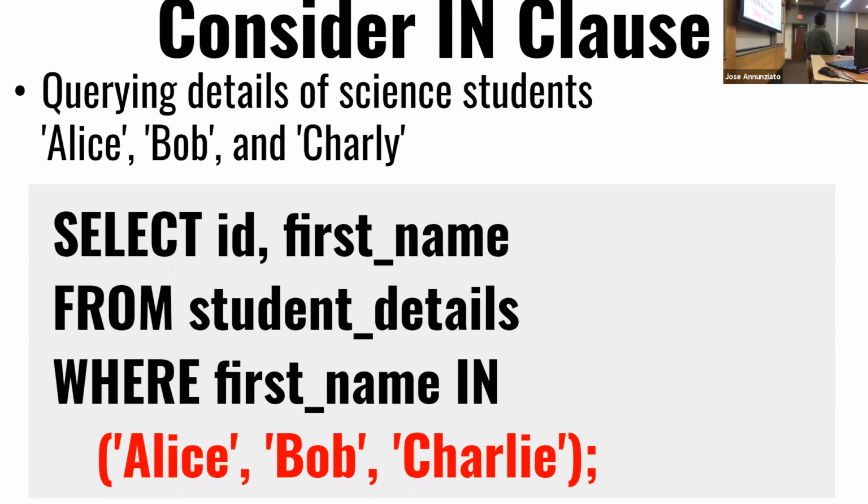Let's see an example where we have a query that I run every semester for the deans, the students that made the dean list. And I know it's Alice, Bob, and Charlie. And I always have to retrieve their information, because I have to invite their parents or whatever. So I have a select statement that retrieves the student details where the first name is Alice, Bob, and Charlie. But every semester this changes.